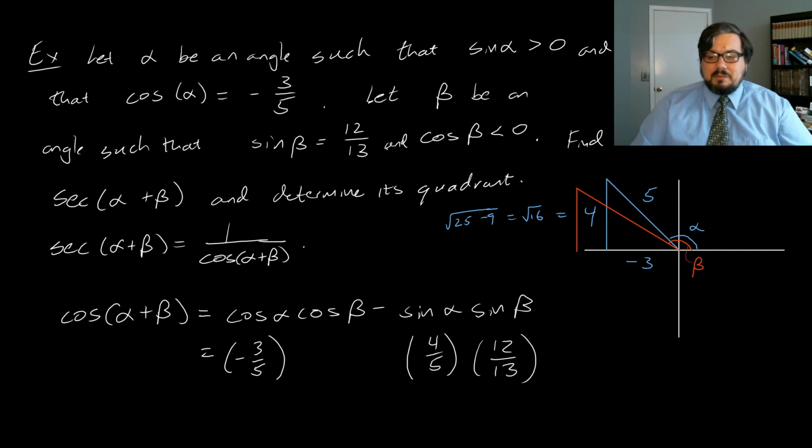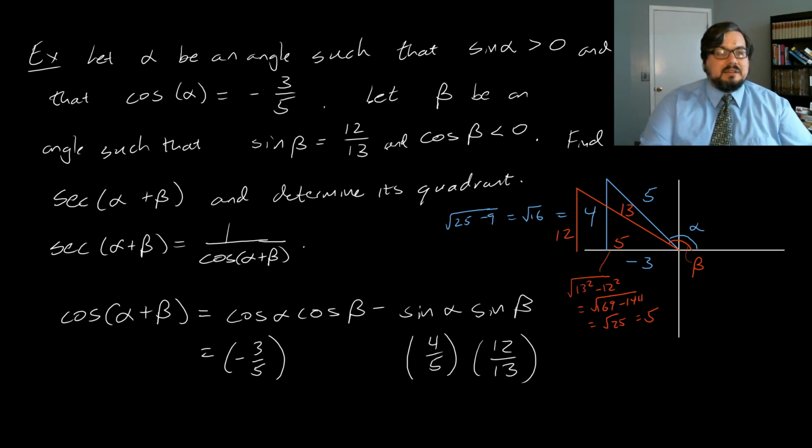But we have this angle beta, and we have side lengths of 12 and 13. We've got hypotenuse of 13, opposite side of 12. And for this side down here, we get the square root of 13 squared minus 12 squared, which is the square root of 169 minus 144, which is the square root of 25, which is 5.